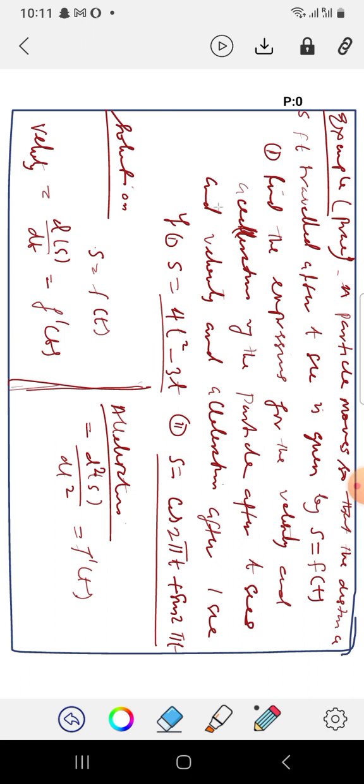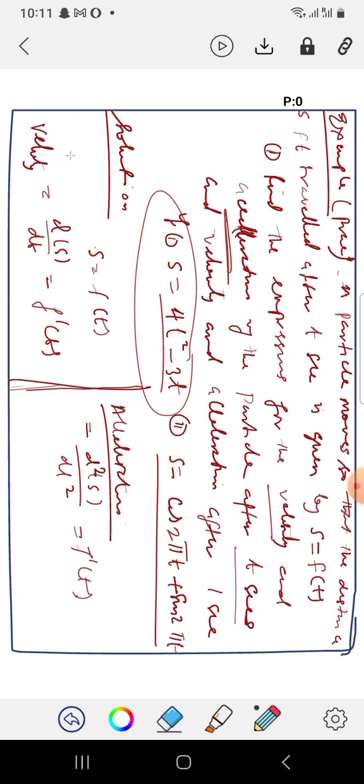Now the second part is this area. They say that we should look for the velocity and acceleration of the particle after t seconds. Okay, that's the part we have done.